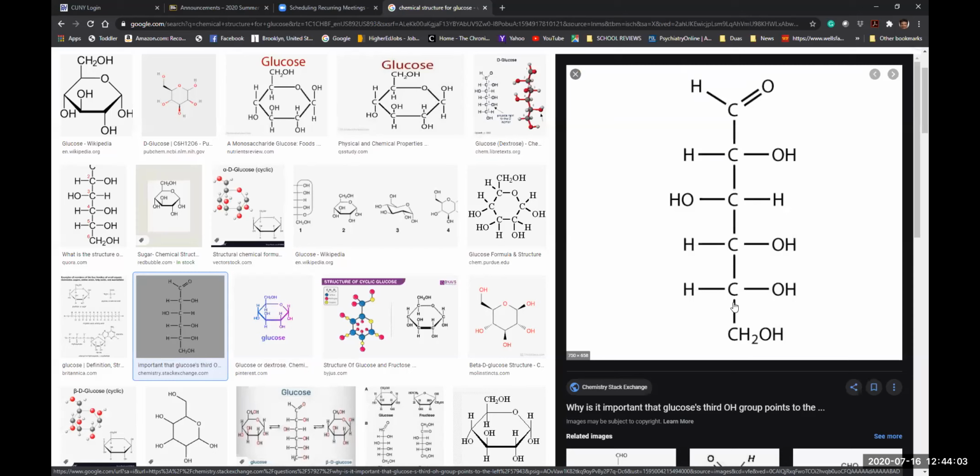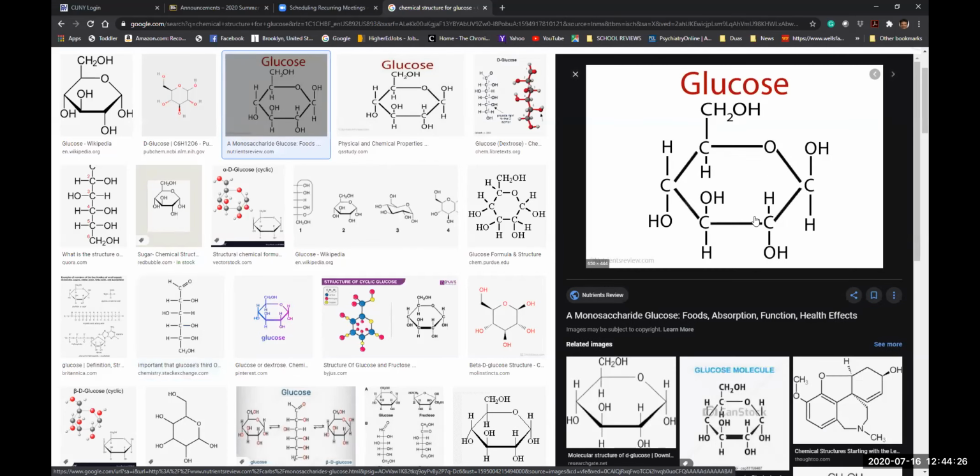So 1 carbon, 2 carbon, 3 carbon, 4 carbon, 5th and 6th. So 6 carbon, 12 hydrogen and 6 oxygen. Sometimes glucose is written as a linear molecule, and sometimes glucose is also represented in a cyclical way.